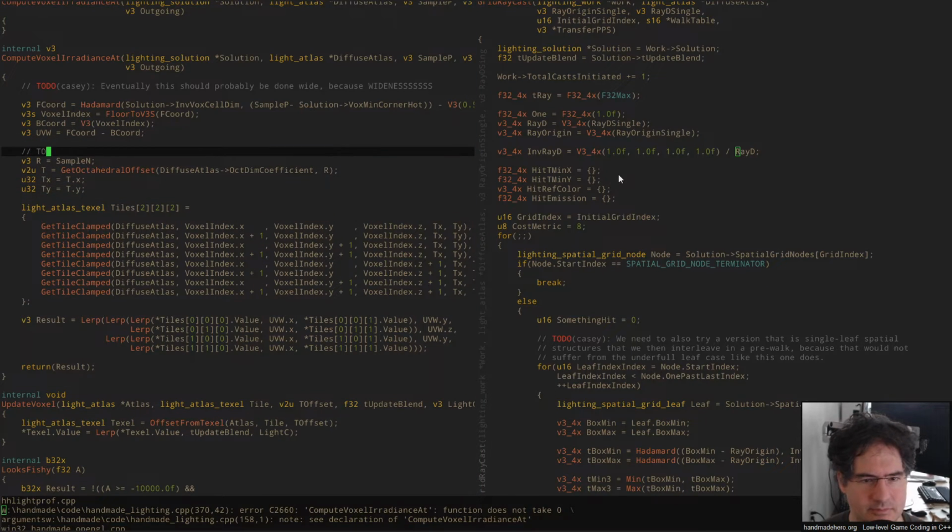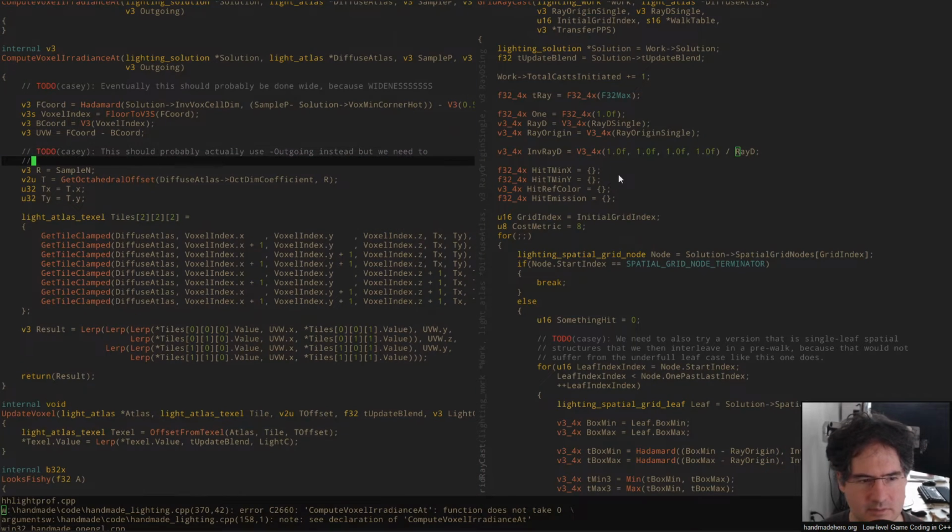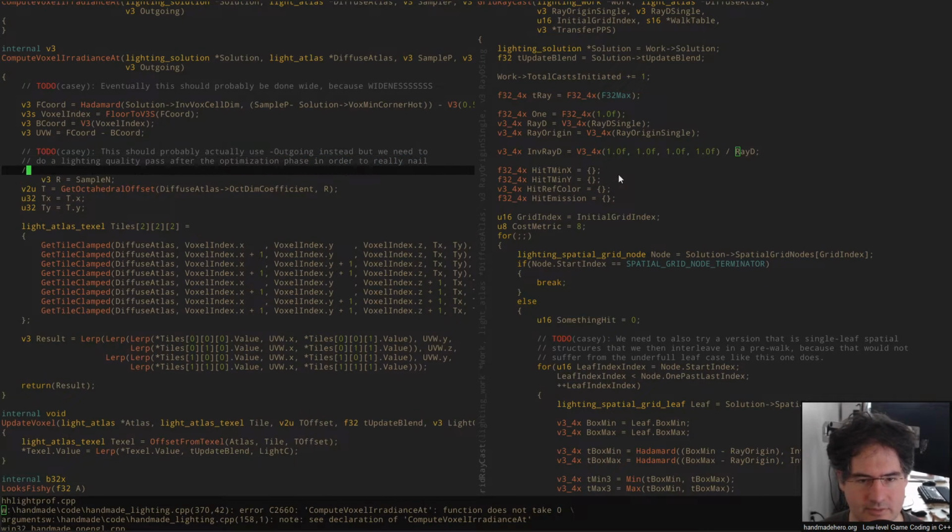I'm going to put a to-do in here that just says this should probably actually use outgoing instead, but we need to do a lighting quality pass after the optimization phase in order to really nail this stuff down.